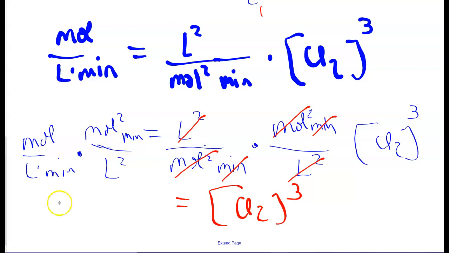Then we get moles cubed over liters cubed, and minutes have canceled. So we just have moles cubed over liters cubed. And then when we take the cube root of both sides, that's how we get our moles over liters. Please do your number 10.